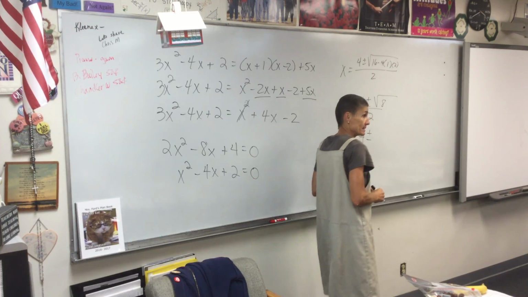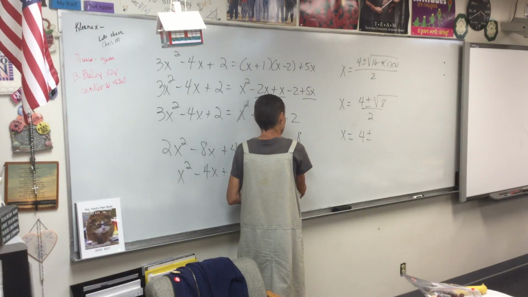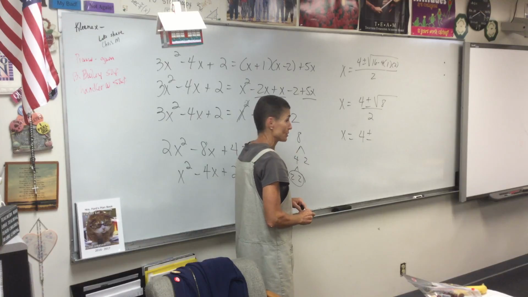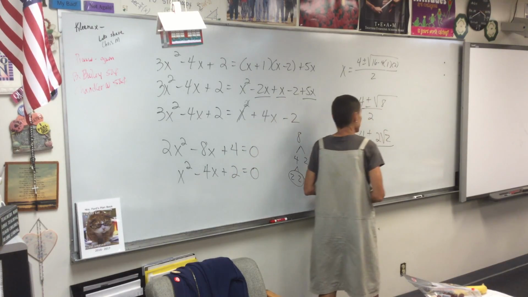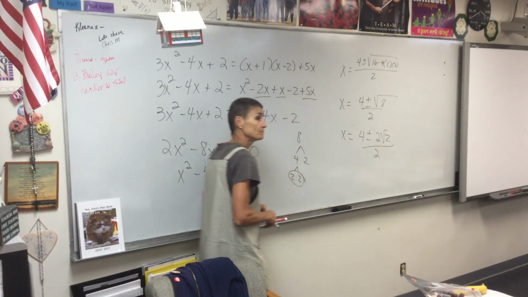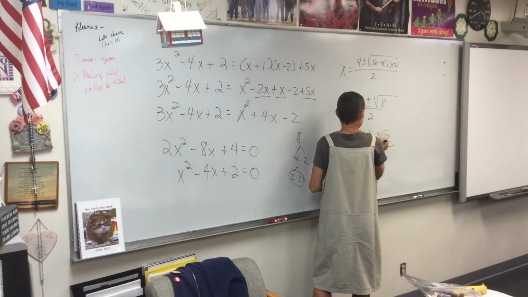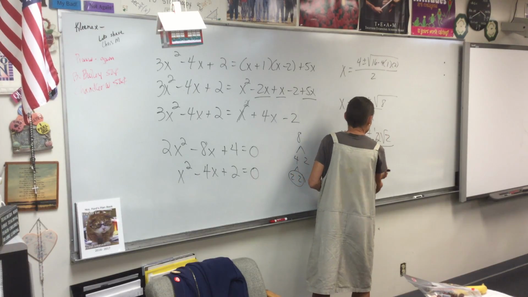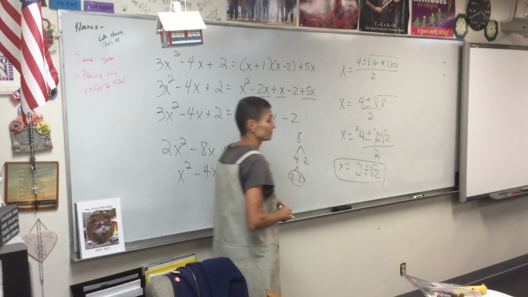And 8 breaks down into 4 and 2, which is 2 and 2. So 2 root 2. Now what about that? Everything's cancelable by 2. So I end up with 2 plus or minus root 2 as my final answer.